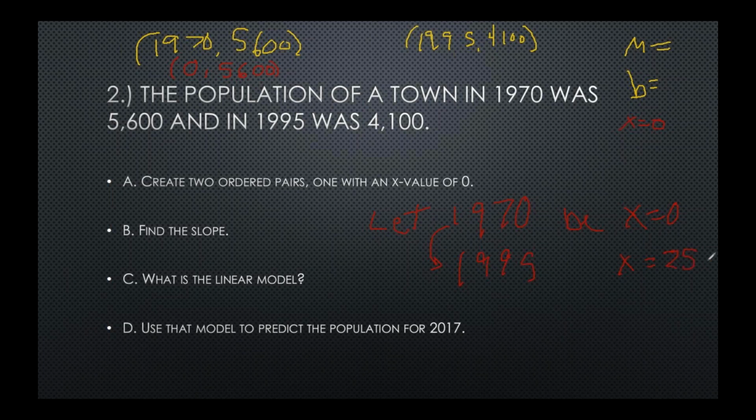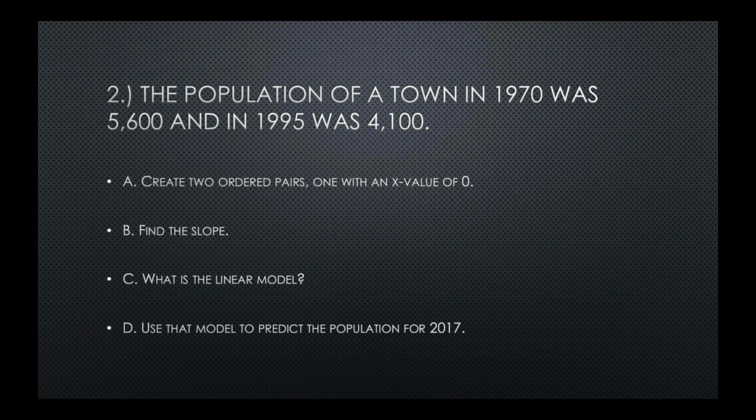And that's kind of how this rolls. So now I have a new ordered pair, 25, comma, 4100. They might give you the values in yellow, which is what this problem gave us, but because we need a y-intercept, we have to change them so that one of our x values is 0. Mathematically, that's the way this rolls. I'm going to get rid of these drawings and rewrite.